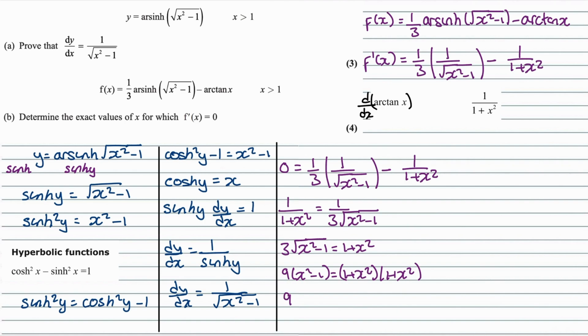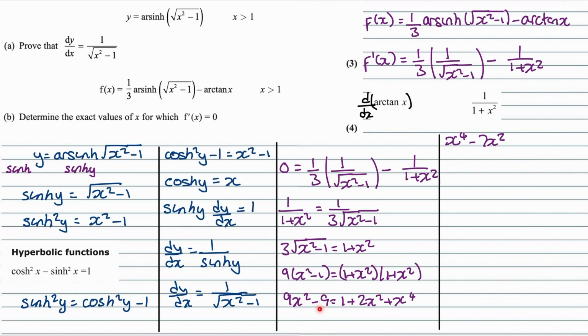So we've got 9x squared minus 9 will equal 1 plus the 2x squared plus the x to the 4. And we'll move these terms over to the right-hand side to make it equal 0. So we've got x to the 4. The 2x squared minus the 9x squared will give us negative 7x squared.